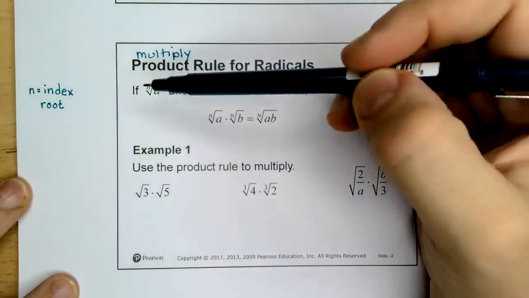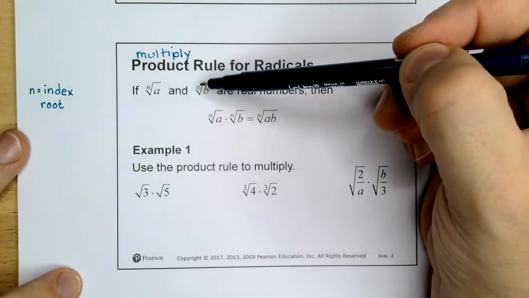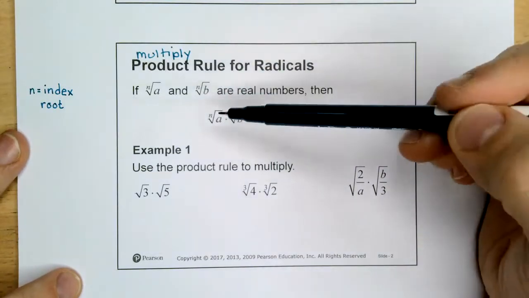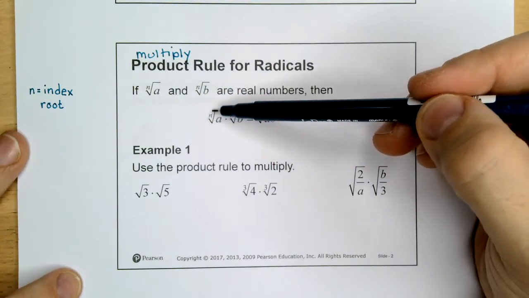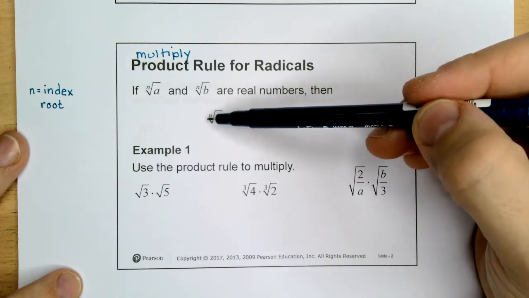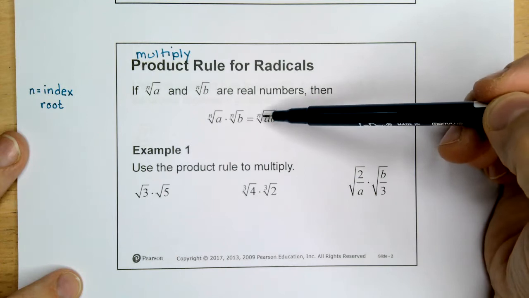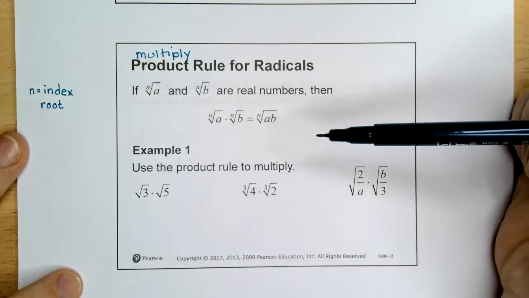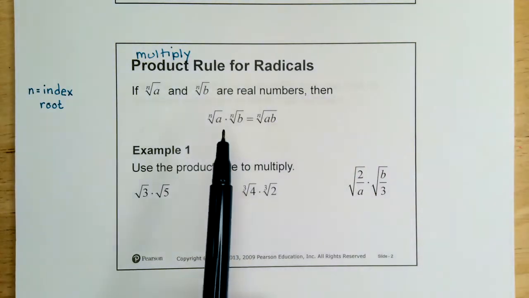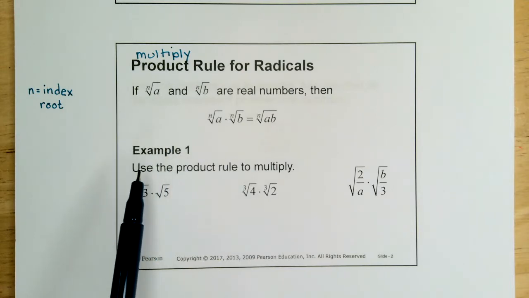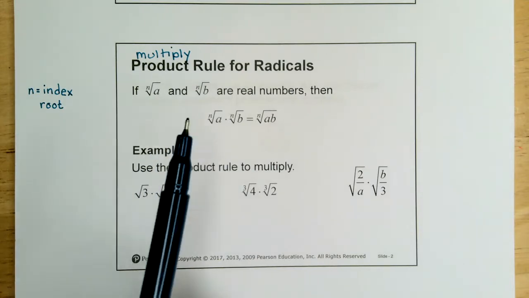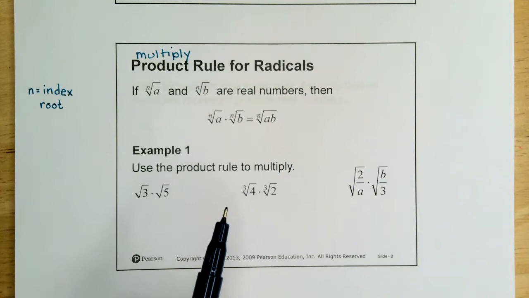So if the index is the same, when you multiply, let's just say the square root of A times the square root of B, you can change that to the square root of A times B. So as long as the root is the same, we can keep that root and multiply everything that is under it, and then we can simplify it, okay?